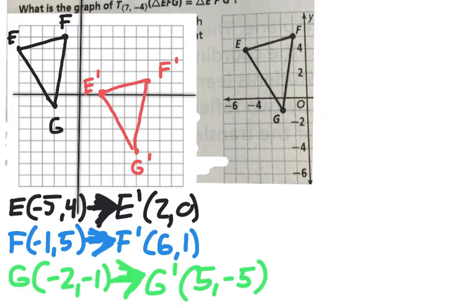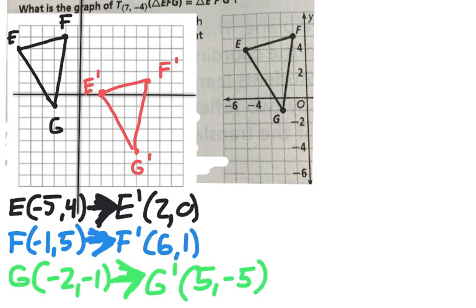But look at my original point. My original point was negative 5, 4. And then what did I do? I went right 7, and then I went down 4. I just did what it told me to do. If I go right 7, that's negative 1 plus 7, which gives me 6.